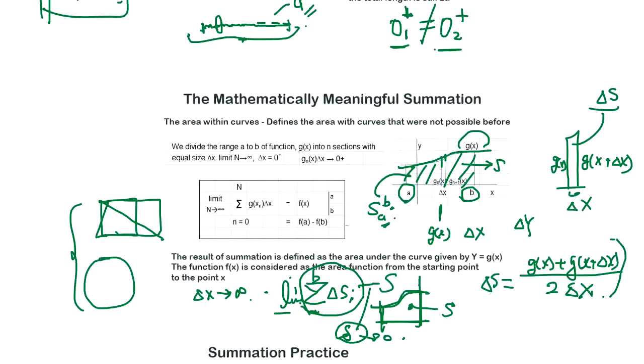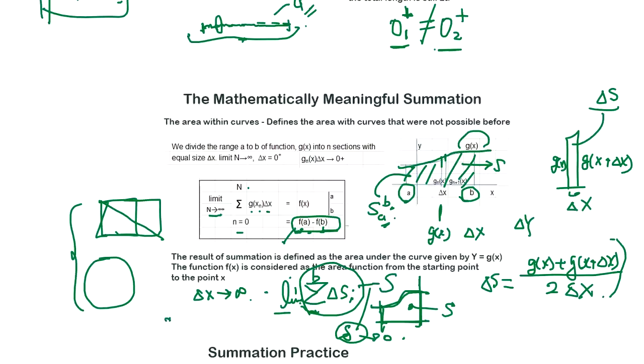Okay, so in math notation, n goes to infinity, and the sum of g(x_n) delta x. So we write this way: g(x) becomes f(x), and the integral has a on the top and b on the bottom. So this f is an area function.